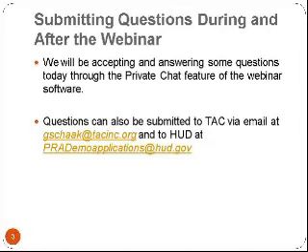We're going to do questions through the private chat function, which I'll explain in a second. But if after the webinar you have questions, you can submit them directly to me at gschak@tacinc.org, or you can submit them to HUD as well. They set up a page dedicated solely to the PRA demo NOFA, and the email address is prademoapplications@hud.gov.